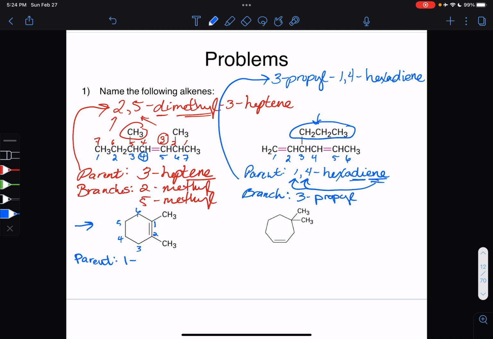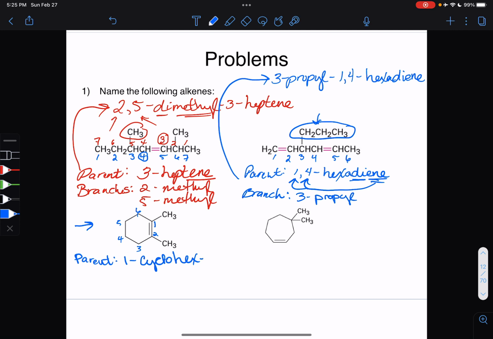And that's going to be cyclo. And don't forget the cyclo, that's a common student mistake. Cyclo, and what is 6 carbons called? That's called hex. And if we had a 6-carbon cyclic molecule that did not have a double bond, it would be cyclohexane. So this one is called what?